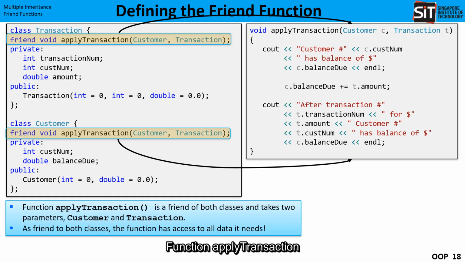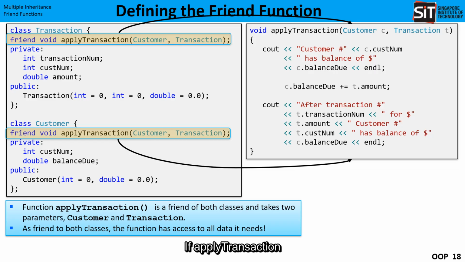Function applied transaction is a friend of both classes and takes two parameters, the customer and the transaction. As friend to both classes, the function has access to all the data it needs.